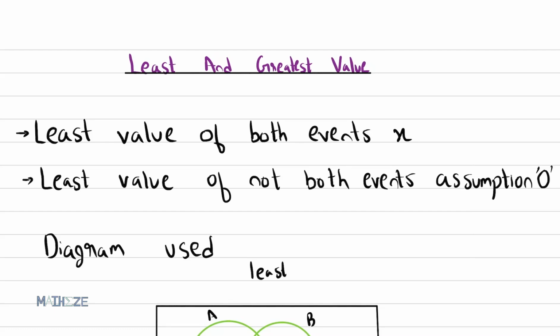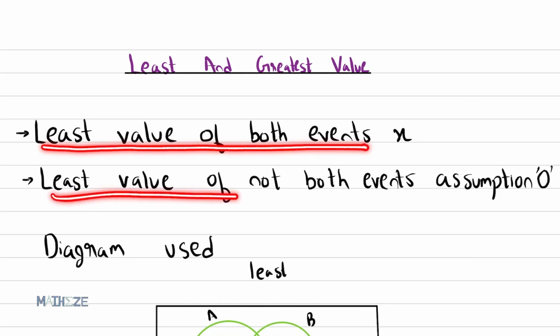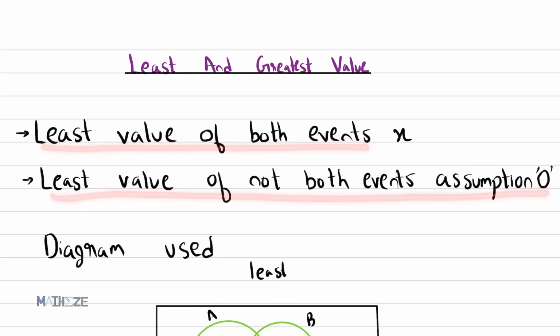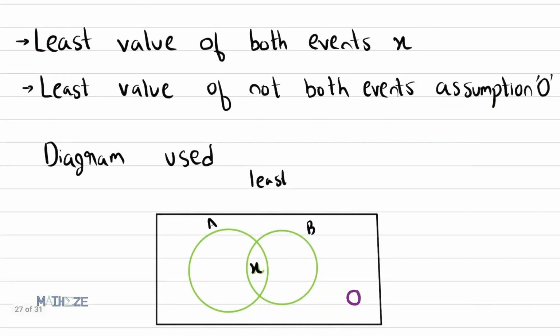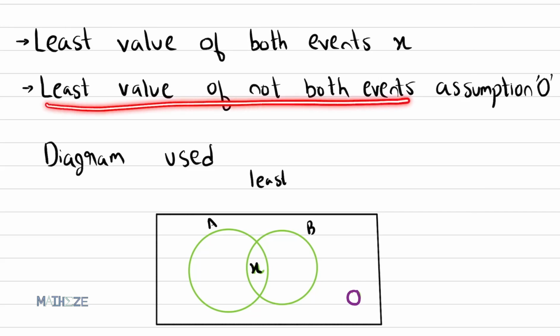So to begin with, we're going to start talking about least value of both events and least value of not both. The area of A intersection B where it's written X is considered least value of both events, and the area outside set A and B is considered least value of not both events.